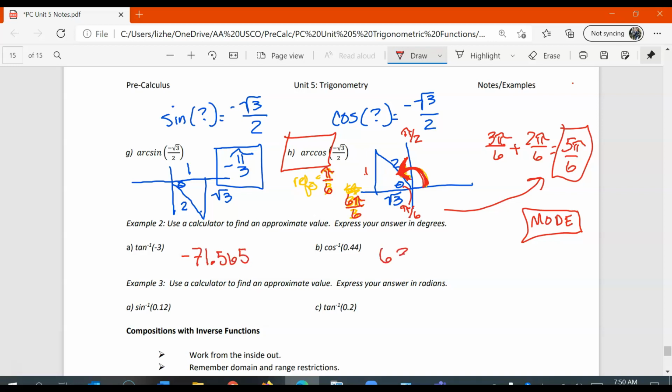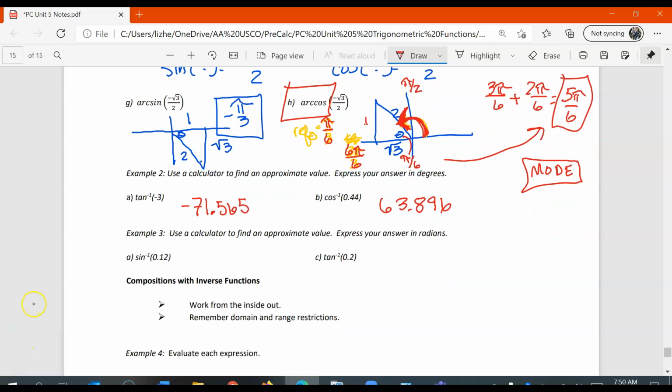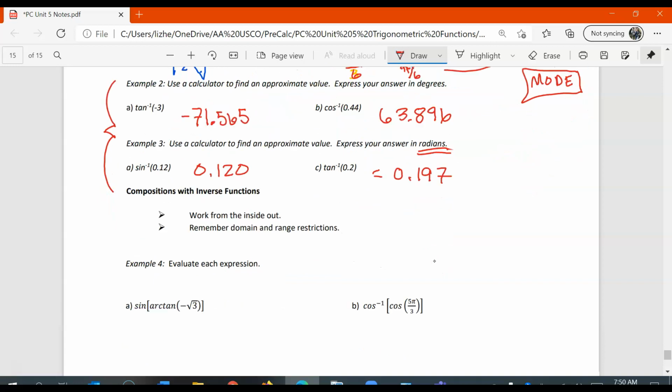This is 63.896. Then example 3. This time we're in radians, and so this gives you 0.120, and this one gives you 0.197. So this is just calculator work. Hopefully that's going to be okay with you.